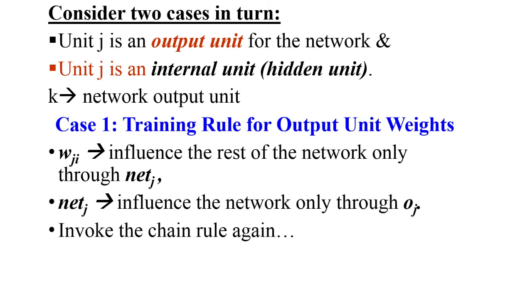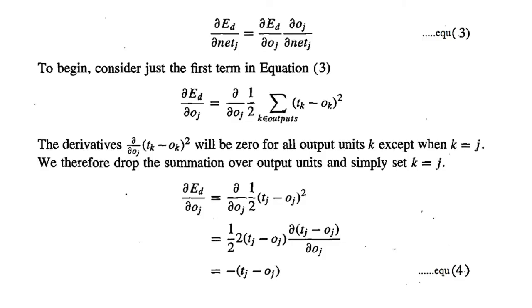Hence, ∂E_d/∂net_j, the derivative of total error with respect to net_j, is equal to the derivative of error with respect to output o_j, multiplied by the derivative of o_j with respect to net_j.